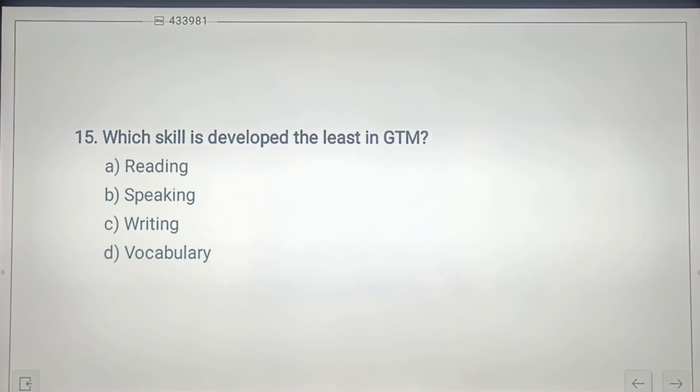It means very less. It is speaking. The right answer is speaking. Speaking skill is developed the very least in grammar translation method. Reading and writing skills are emphasized here.